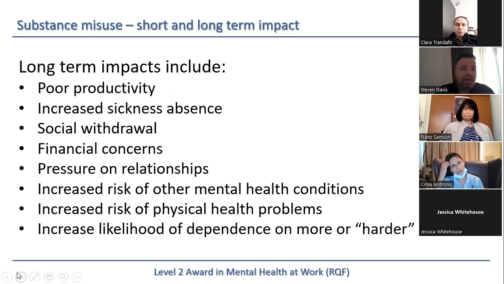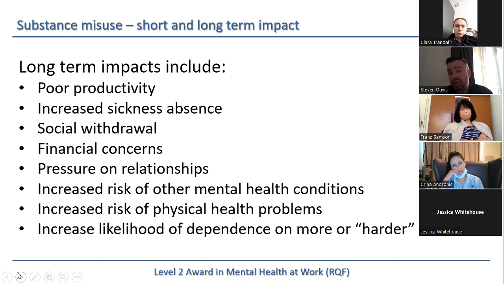Long-term impacts for people on substance misuse are, obviously, poor productivity, increased sickness levels, social withdrawal, financial concerns, pressure on relationships, and increased risk of mental health conditions. The longer we're on substances, the more it can cause psychosis and hallucinations, and an increased risk of physical health problems.